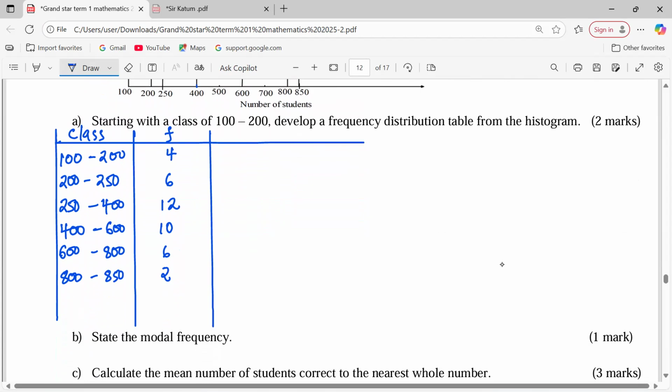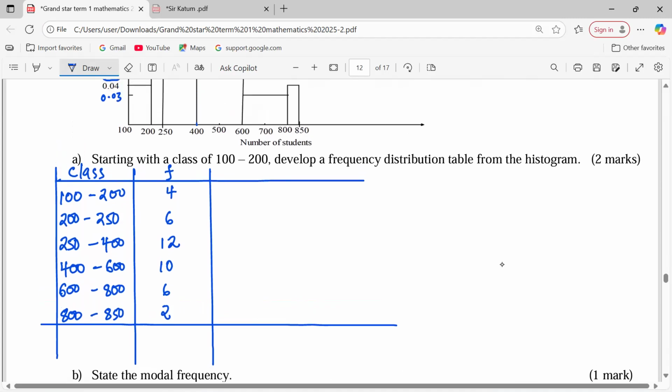So that is it. We have developed what we call a frequency distribution table.